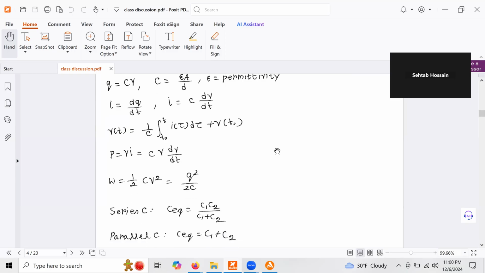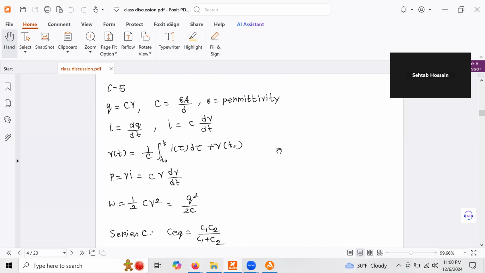Permittivity depends on the material, it is a material property. Permittivity measures the ability to store charges in a material. So that's called permittivity.